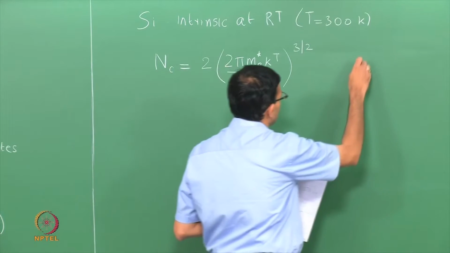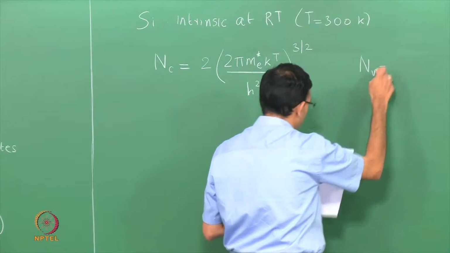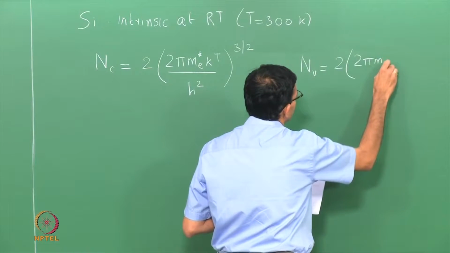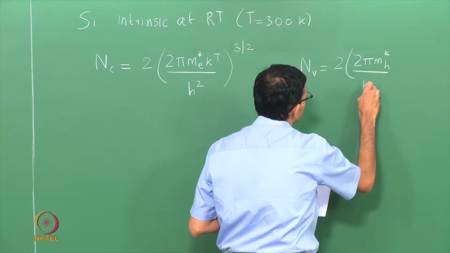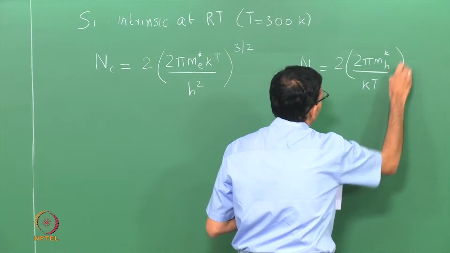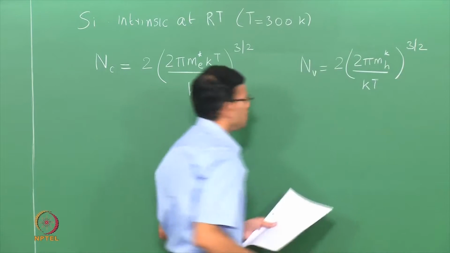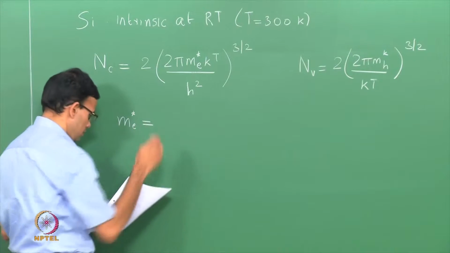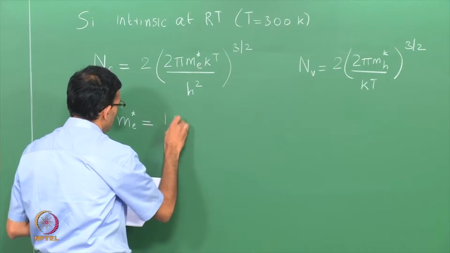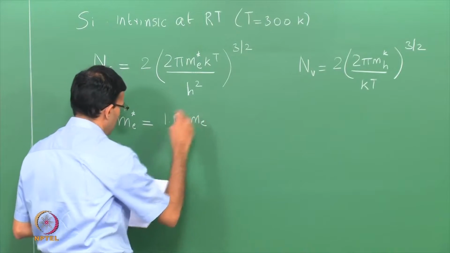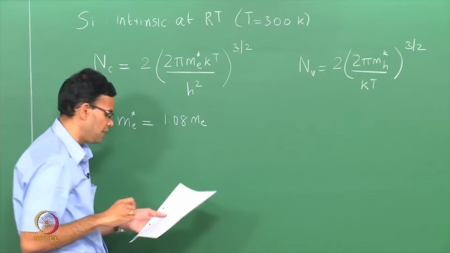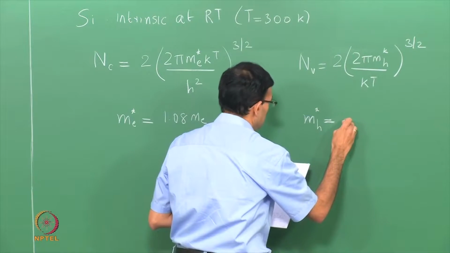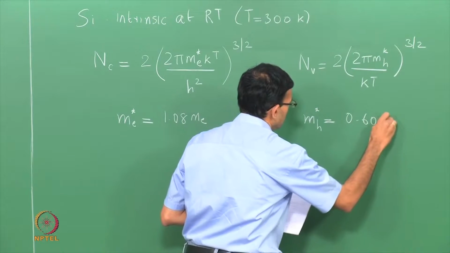We can write a similar expression for the density of states in the valence band Nv, with mh star, whole power 3 over 2. In the case of silicon, me star is 1.08 times me, where me is the rest mass of the electron, and mh star is 0.60 me.